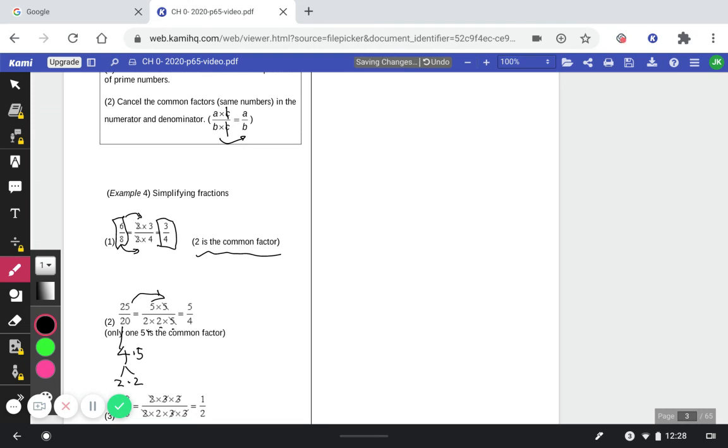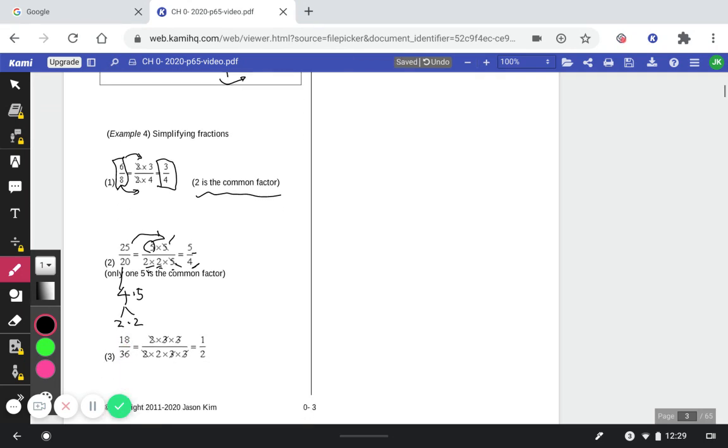At that point, you have a common factor 5 on the top and 5 on the bottom, so they can be canceled out. You end up with one 5 on the top, and 2 and 2 on the bottom, which means 2 times 2 is 4. So 25 over 20 can be simplified as 5 over 4.